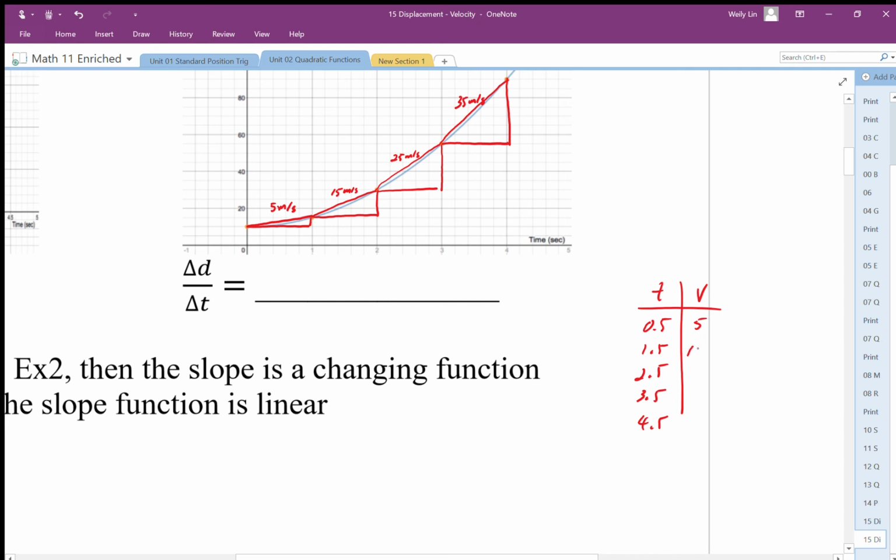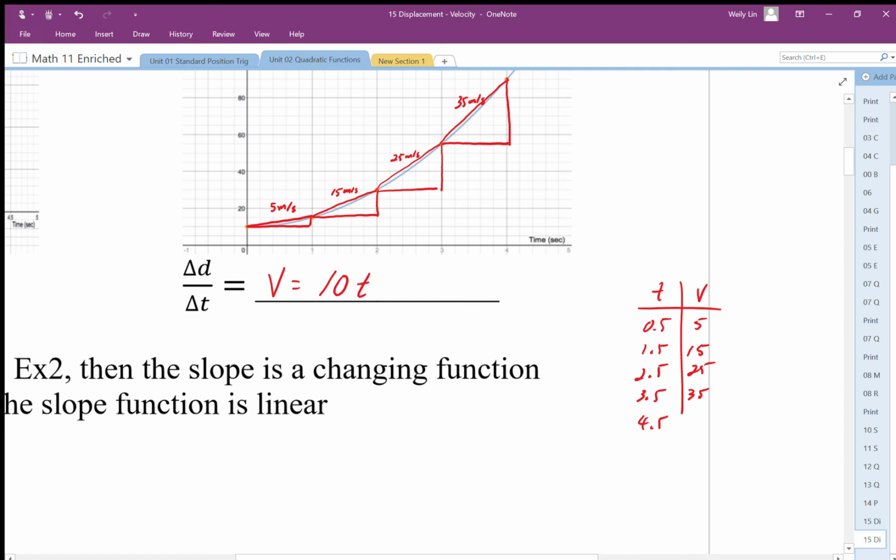We'll put time and velocity, and we'll use the average time: 0.5, 1.5, 2.5, 3.5, and 4.5, with velocities 5, 15, 25, 35, etc. If we look at the change of the time and the velocity, we could probably come up with a fairly simple calculation. If I multiply the time by 10, I get the velocity. So my rate of change, or my velocity function, is equal to 10 times the time.